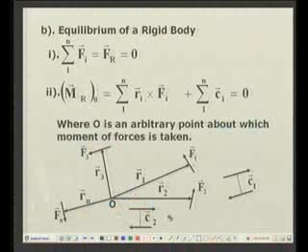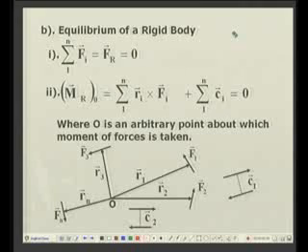Next, we go to the equilibrium of a single rigid body. Now, the forces are no longer concurrent forces, they may be acting at different points. Let us say the forces are passing through different points of the body.